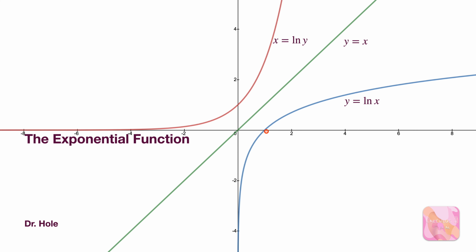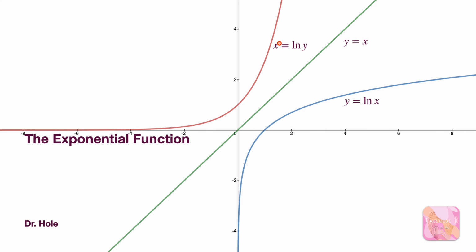The blue graph intersects the x-axis at x equals 1. The red graph intersects the y-axis at y equals 1. Nice. What can we label the curves? y equals ln of x. Simply interchange, since we're changing between y's and x's, we're interchanging: x equals ln of y. y equals ln of x.